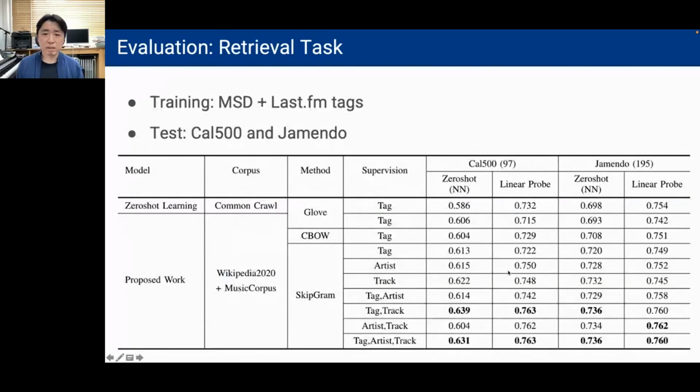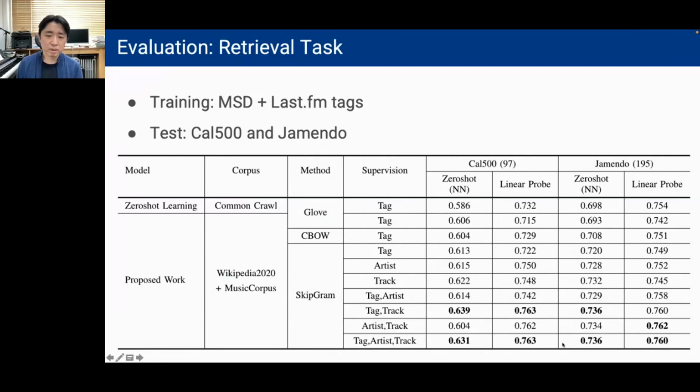In the retrieval task, we also evaluated KELF 500 and Jamendo as test sets. In the zero-shot experiment, we used only nearest neighbor and used the two datasets in an unseen scenario. And in linear probing, we fixed the audio embedding and trained only the top sigmoid layer with the training split of KELF 500 and Jamendo.